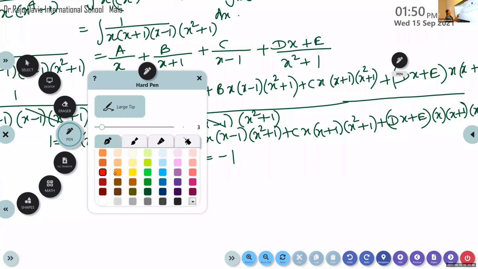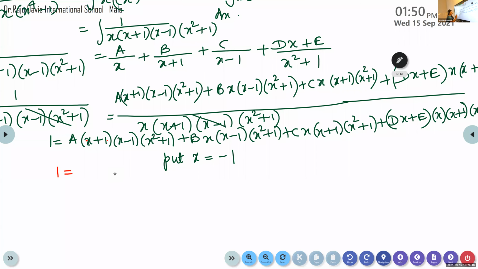Plus, look at the next term. There is no x plus 1 term, isn't it? So when we put x as minus 1, b into minus 1 minus 1, the whole square plus 1. Plus c into, if you put minus 1 plus 1, it will become 0. Again, dx plus e, if you put minus 1, that also will become 0.